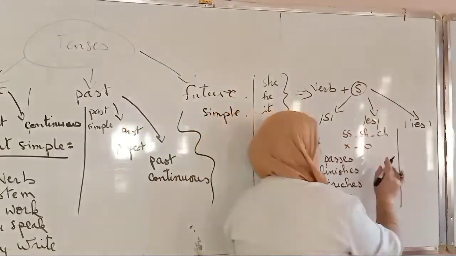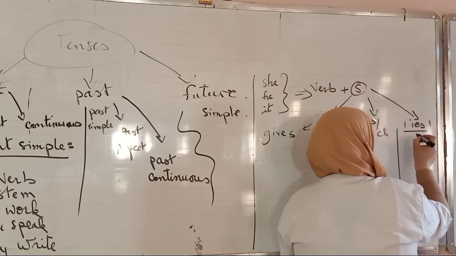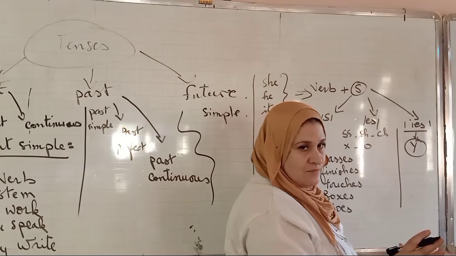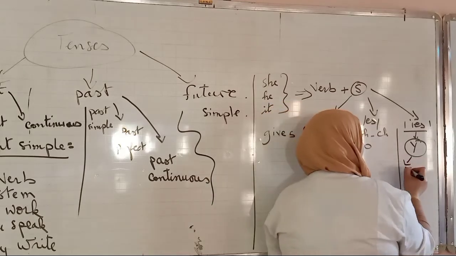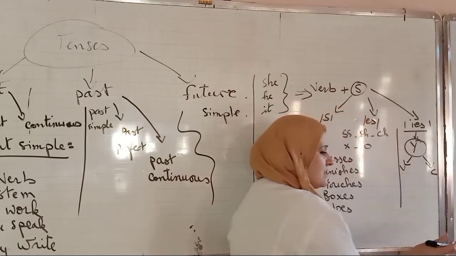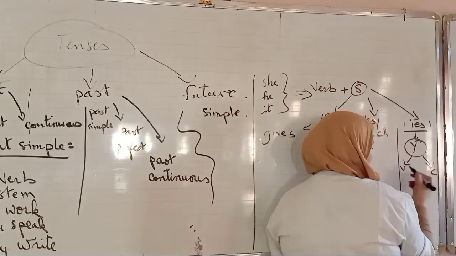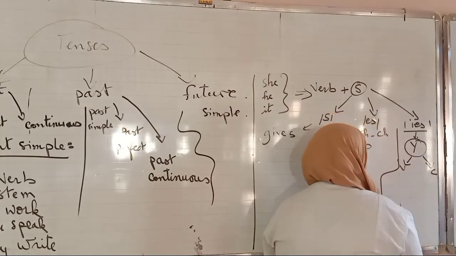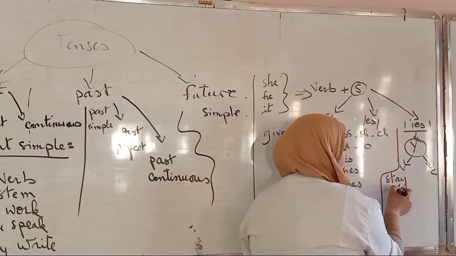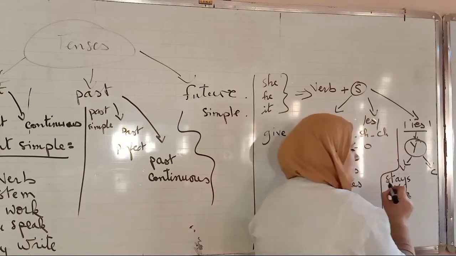Let's go to the ies. In this case, the verb includes y. When y is preceded by a vowel, it is one case, and when it is preceded by a consonant, it is another case. If it is preceded by a vowel, like for example stay, here is my vowel, any vowel, so I add just s.